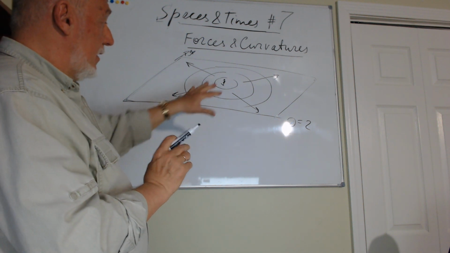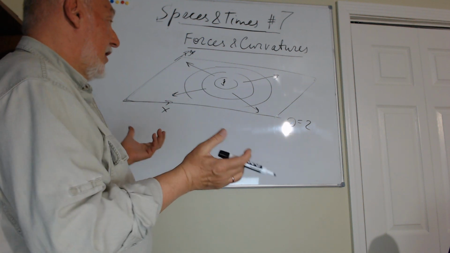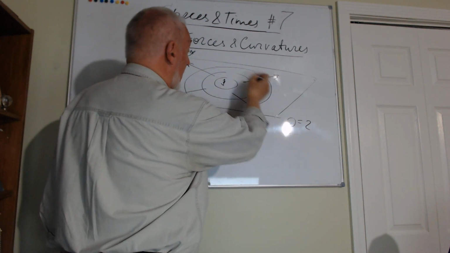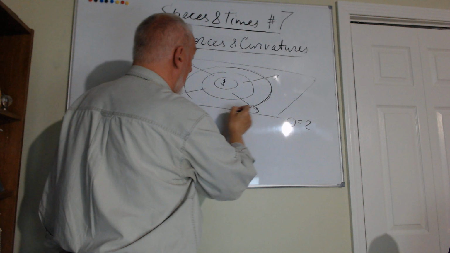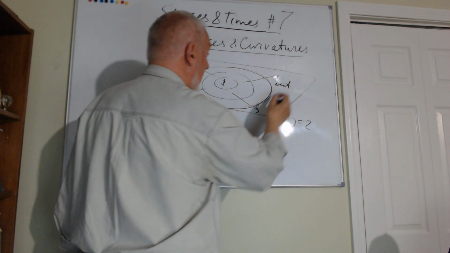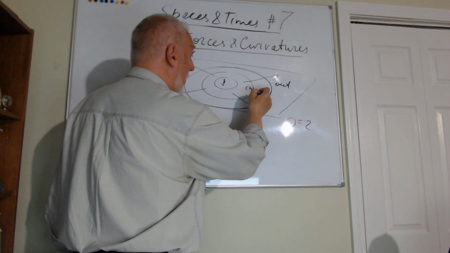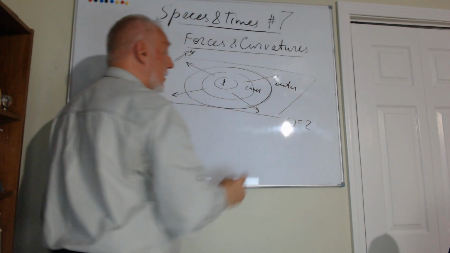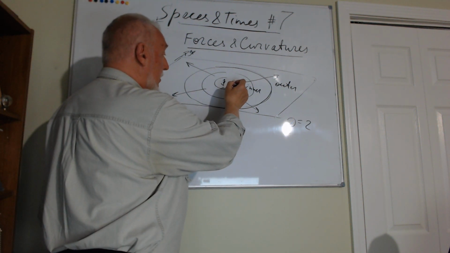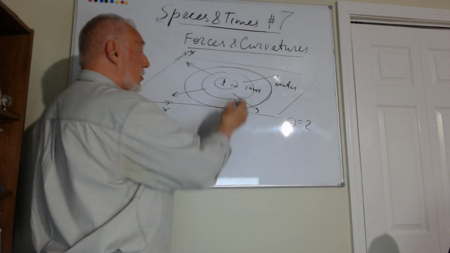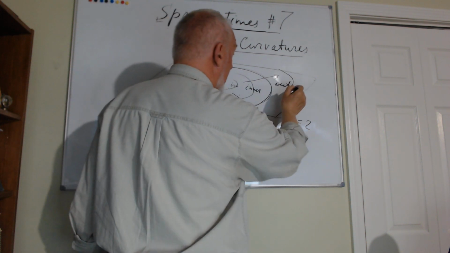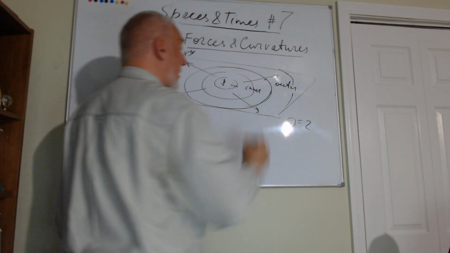Look at this picture. It looks pretty obvious, right? If you have this wave, this is the outer ring, and this is the inner ring, and this is an even more inner ring. So these 2 rings are inside this ring, and this ring is outside of that ring.